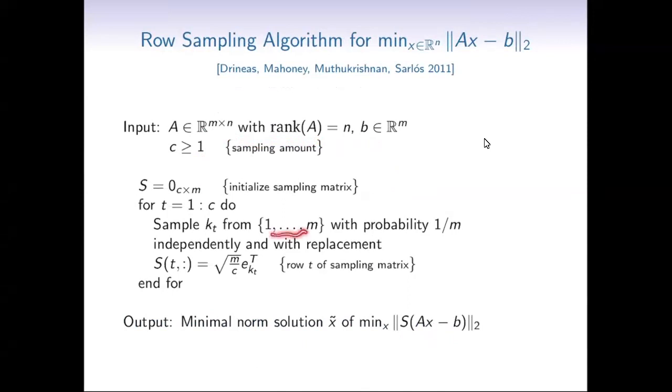So each row of the sampling matrix is sampled uniformly, independently, and with replacement. And then we put the corresponding row of the identity there, so it can extract the corresponding row of A. So here we have a much smaller problem now with C rows instead of M. And now we just do the usual QR decomposition, whatever, to solve that smaller problem.